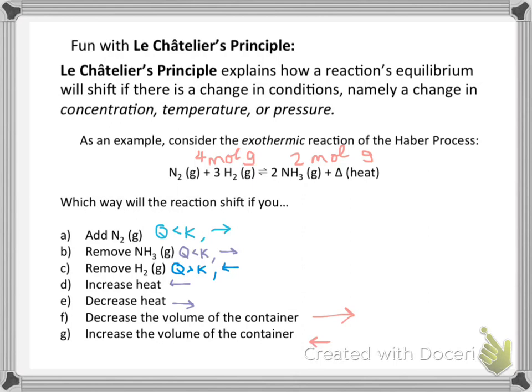Something to consider that's not written on here would be if we added something like xenon gas, so a gas that's not a part of the reaction, and we would say that this won't change the equilibrium at all. It won't change Q, so we're not going to have any shift associated.